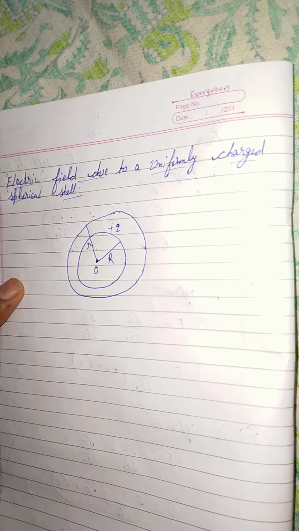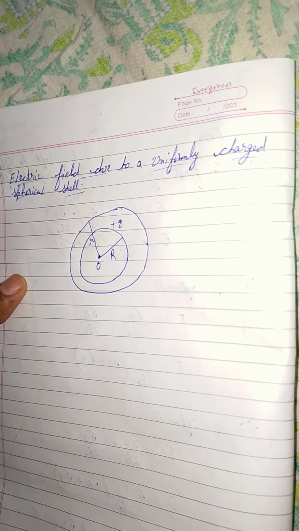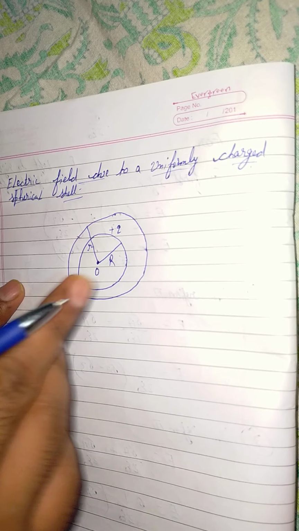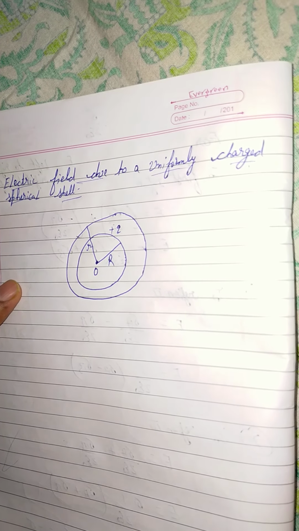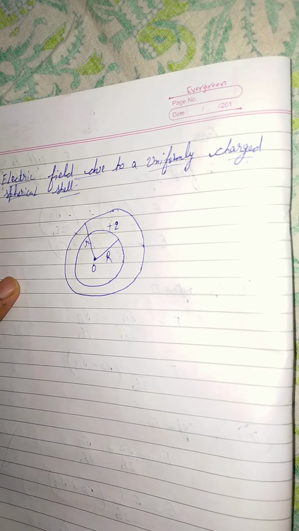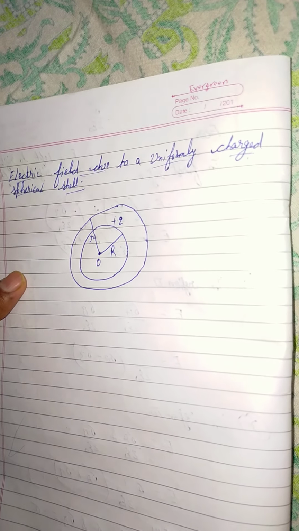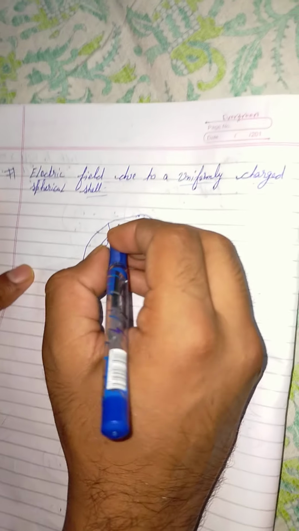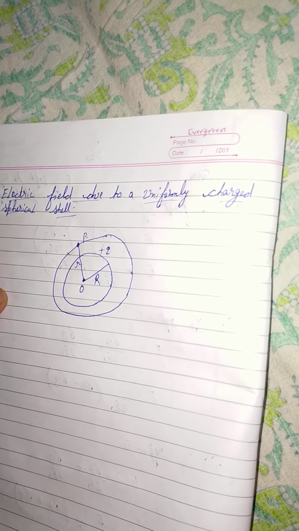If you have seen the first lecture on Gauss theorem, we proved that we cannot calculate for the whole surface, but if we consider a small point or small area, then we can calculate for the spherical shell also. Suppose at any point P I want to calculate electric flux.